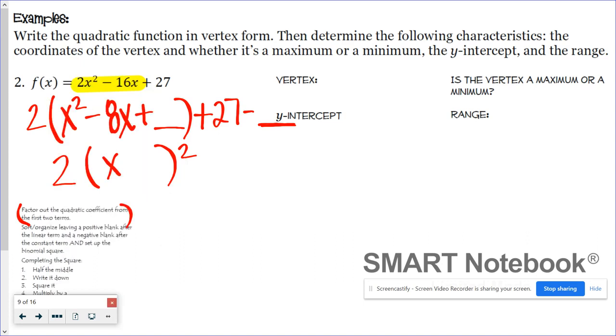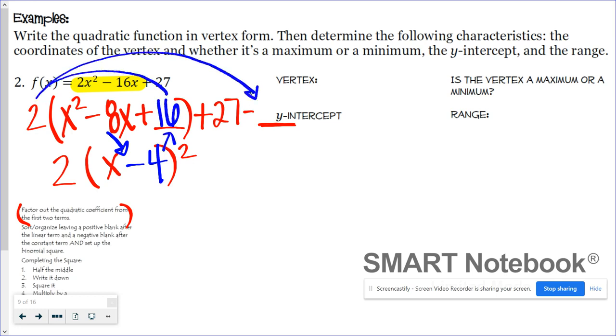Half the middle, write it down, square it, multiply it by a, subtract. Half of -8 is -4. Square it, get 16. Multiply by a: 16 times 2 is 32. And finally, subtract and simplify: 27 minus 32 is -5.